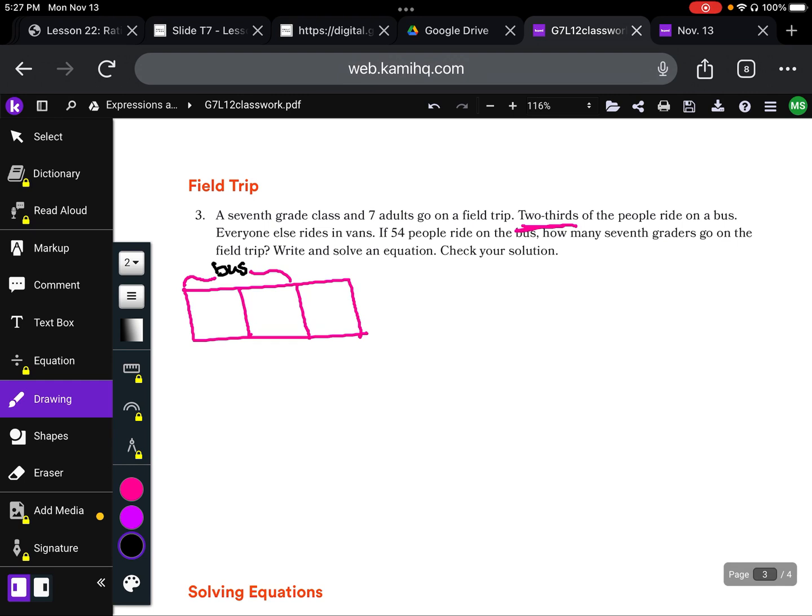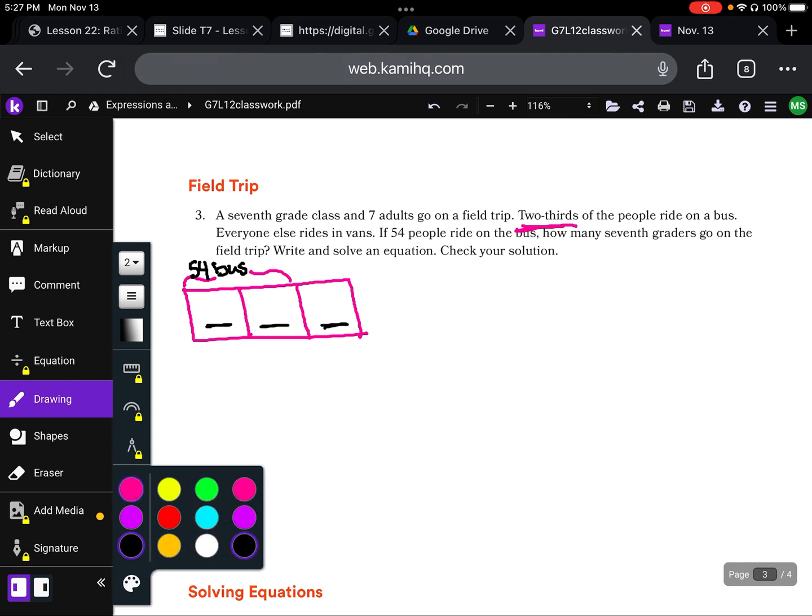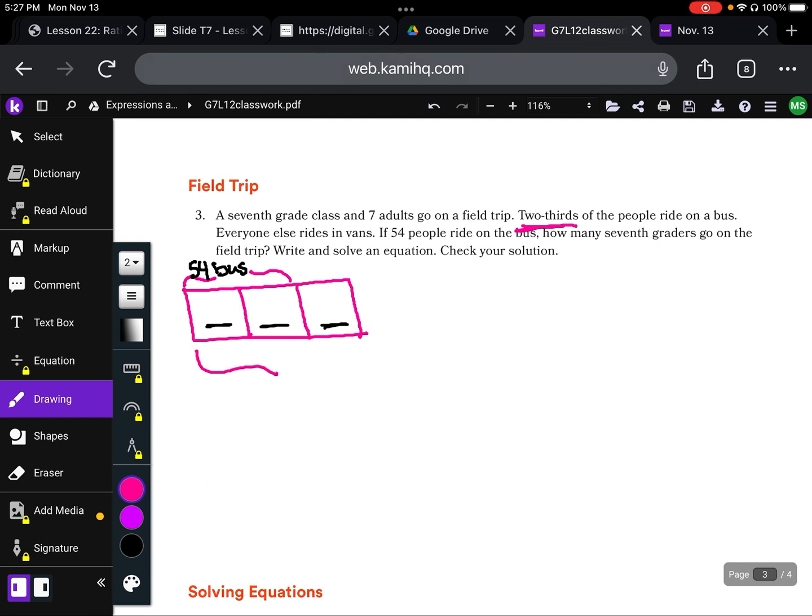And how many people is that? Well, that's 54 people.